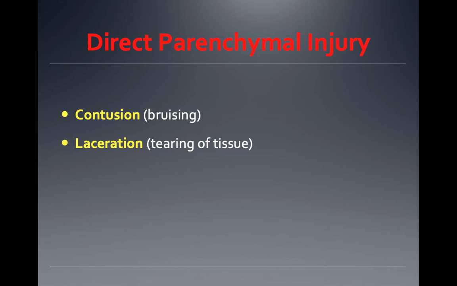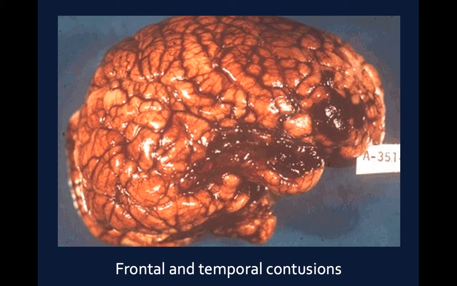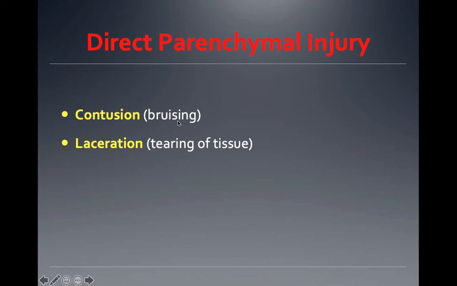So, direct parenchymal injury, we talk about contusions and lacerations. A contusion is bruising. Laceration is tearing of tissue. So you can have contusions to the brain. You can have lacerations to the brain as well. Here you see this bleeding on the brain, and this is our bruising.